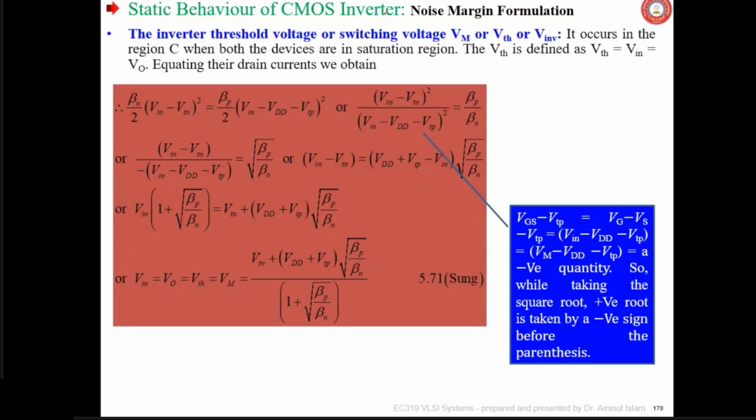Now, the inverter threshold voltage is also important for us, VM. It is sometimes denoted by Vth or Vin. It occurs in the C region when both transistors are in the saturation region. Equating their current equations, this is the nMOSFET saturation current equation, and this is the pMOSFET saturation current equation.